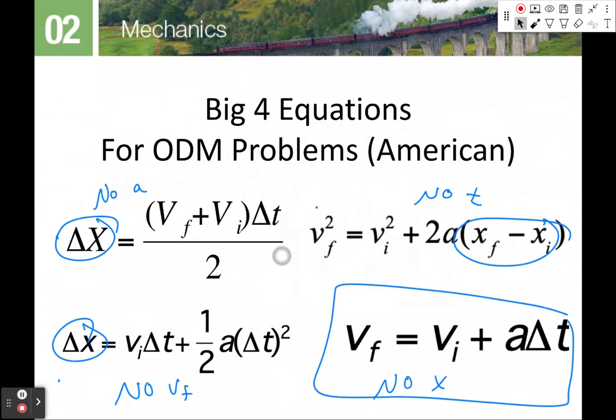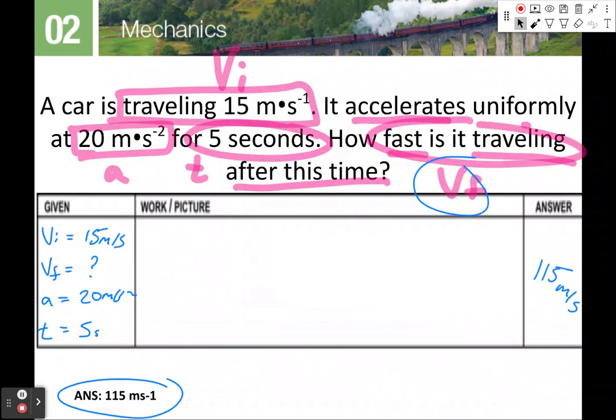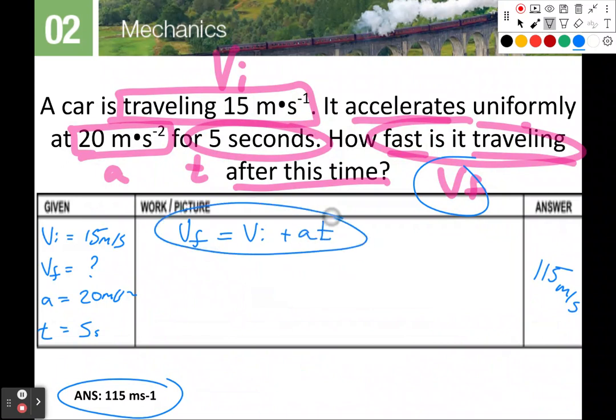So what we do is we go back and we write that formula without anything in it. And we say v of f equals v of i plus a t. This is important. We need to be able to write formulas without numbers in it. That will help you memorize all of these formulas. Sub it in. V of f, we don't know.